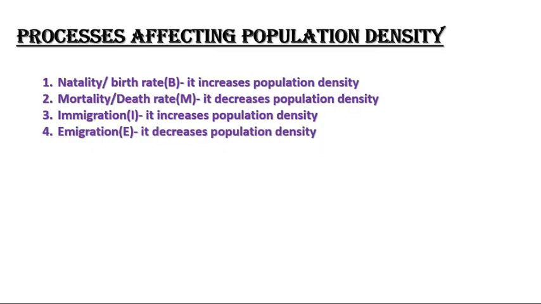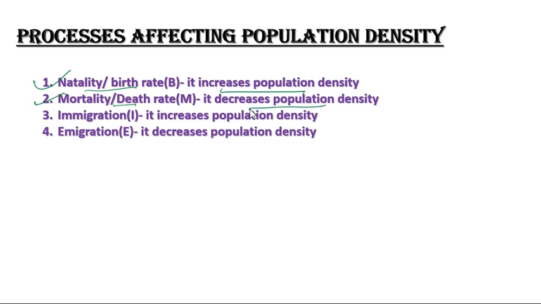Okay, now let's move to the next part, processes affecting population density. Definitely, the first process we already know: natality or the birth rate. What impact will it have on population density? It will increase the population, plain and simple. Mortality or the death rate: what will it do?